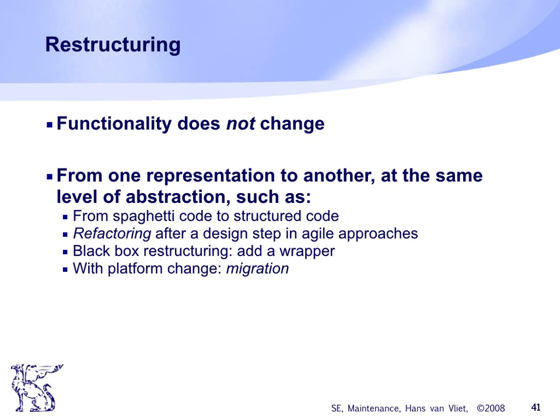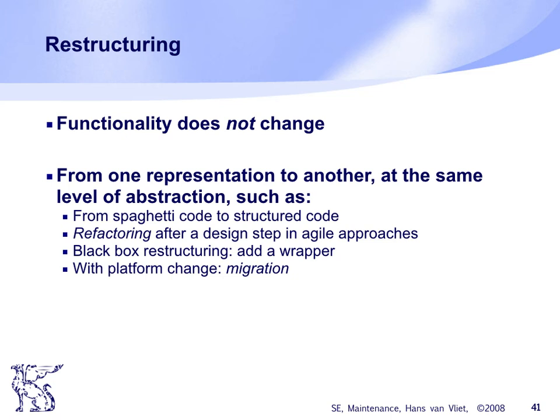So before moving to re-engineering, we will talk a little bit about restructuring. Restructuring concerns the transformation of a system from one representation to another at the same level of abstraction. So here the functionality of the system will not change. In reverse engineering, we did not work with functionality.